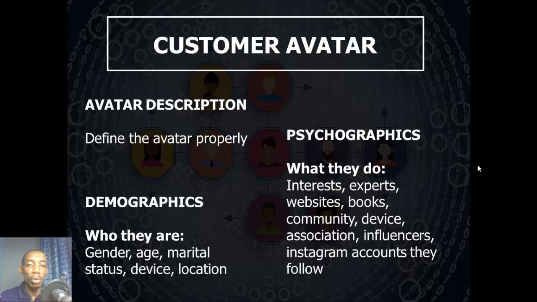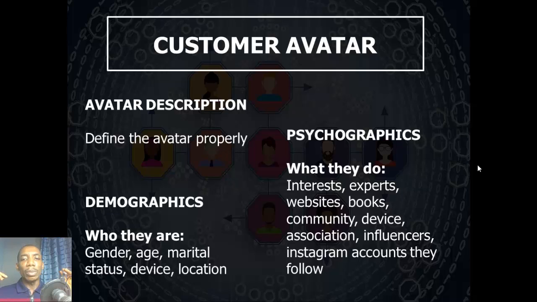That's maybe Facebook groups or forums they belong to, the kind of association they belong to, the kind of influencers they follow, the Instagram accounts that they actually follow. I want to know all these things because it's going to make my marketing better. So by the time I'm ready to push out that product to the market, I know where I'm going to be facing. I know the channels I'm going to be taking my products to, right?